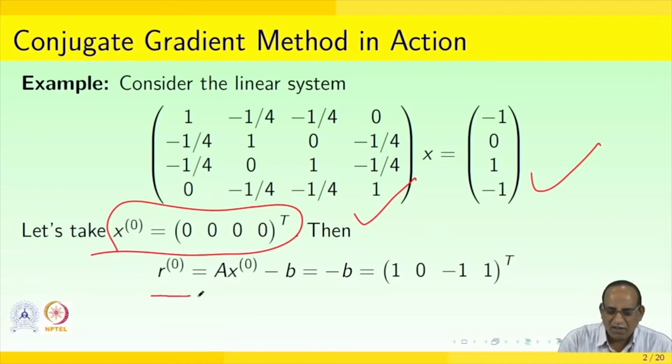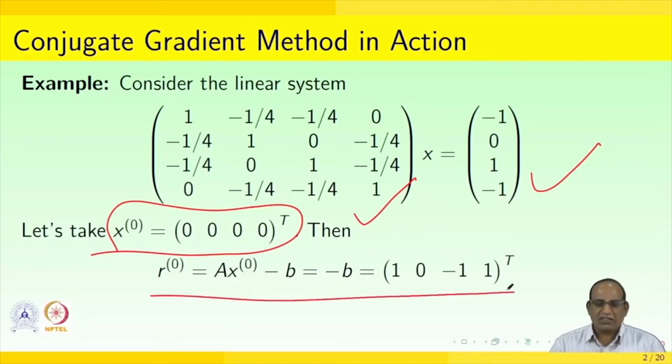Then R0 is Ax of 0 minus B, that will be equivalent to minus B, 1 0 minus 1 1 transpose.